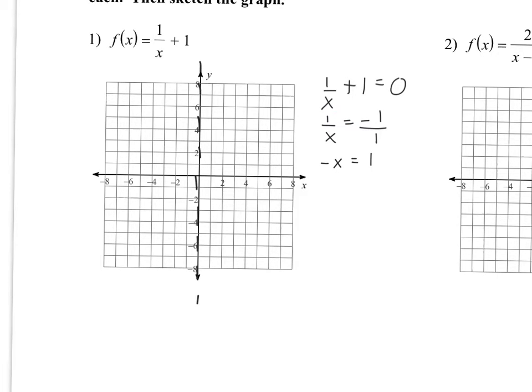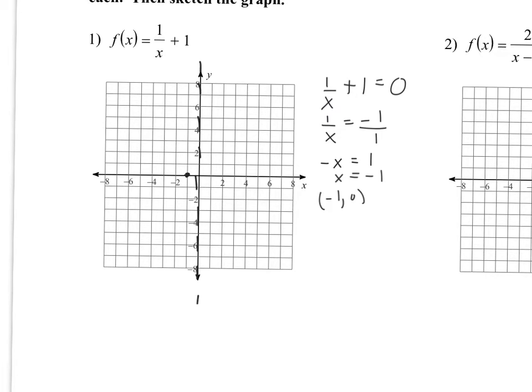And then we can see that x equals negative 1. So negative 1 is an x-intercept. There's a point on this graph, negative 1, comma 0. Because when I plugged a 0 in for the y value, or the f of x, y, same thing. So when y is 0, we solve for x and we got negative 1. So there's a point on the graph right here. And so that is our only x-intercept.